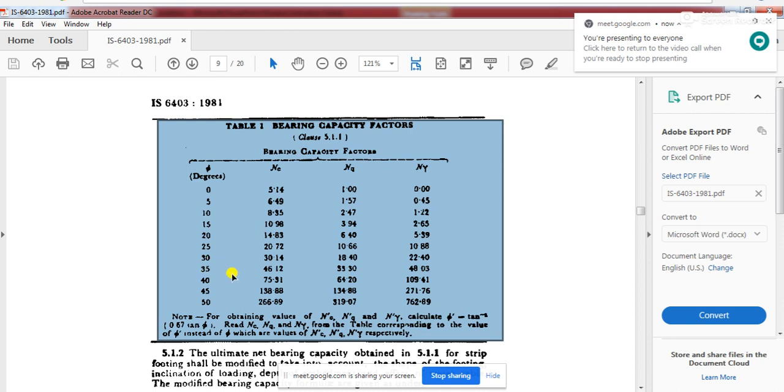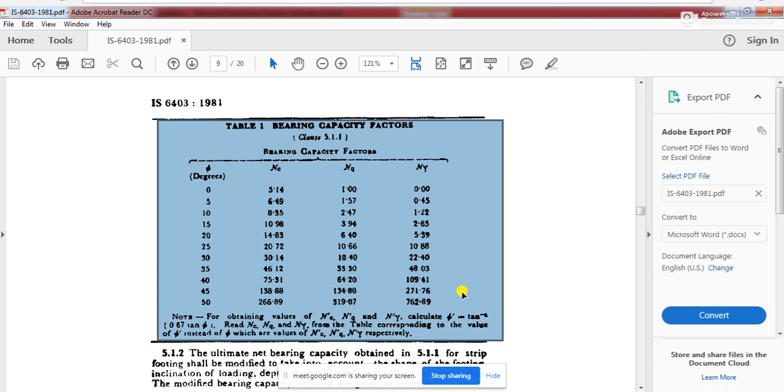Through interpolation. I have explained it earlier. Unless you solve a problem by your own hand, you will not be able to understand. So, linear interpolation needs to be done between 30 and 35 to find out the values of N_c, N_q, N_gamma at 32 degrees.